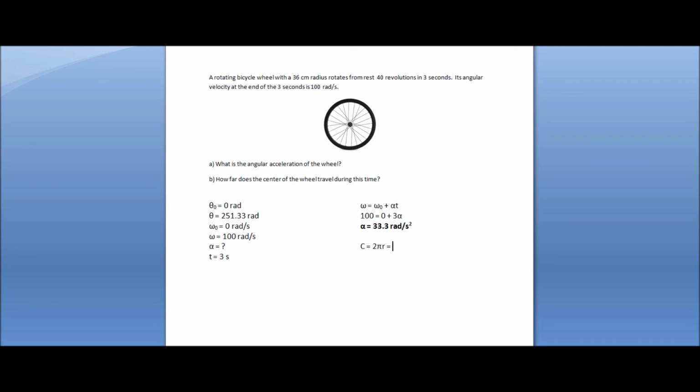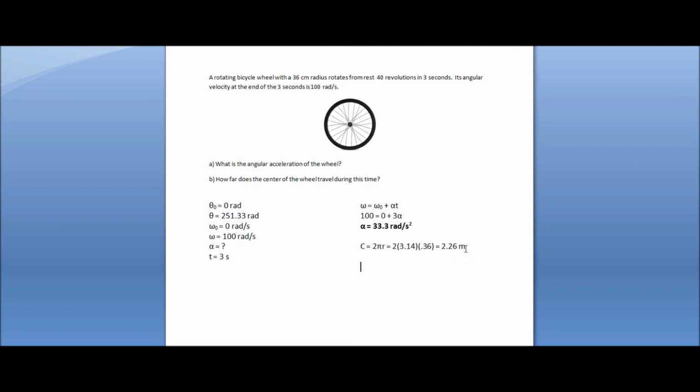So that's going to be equal to 2 times 3.14 times the radius, which is 0.36, because we want to get this in meters. And that's going to be equal to, let's see, 2 times pi times 0.36 gives 2.26 meters.